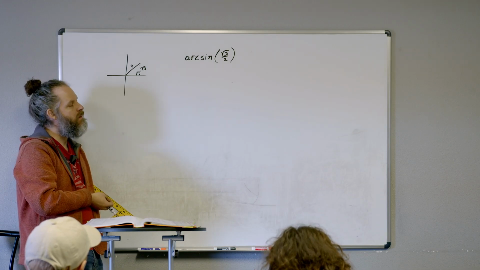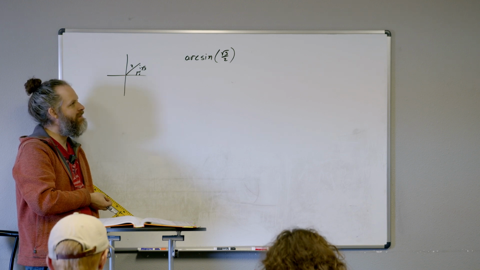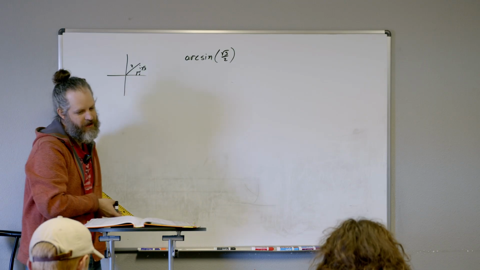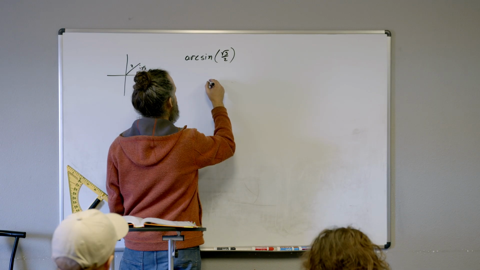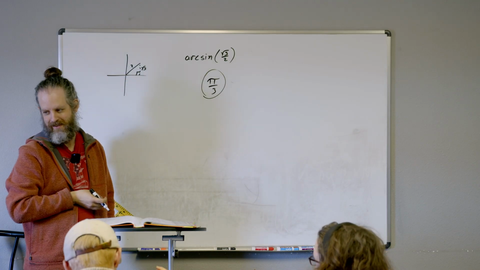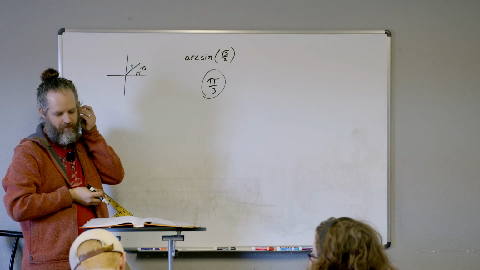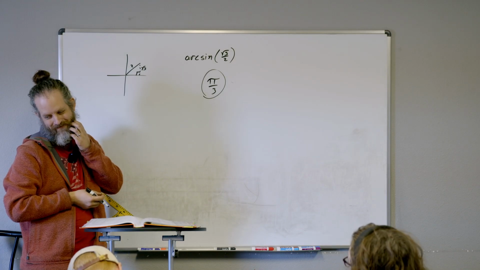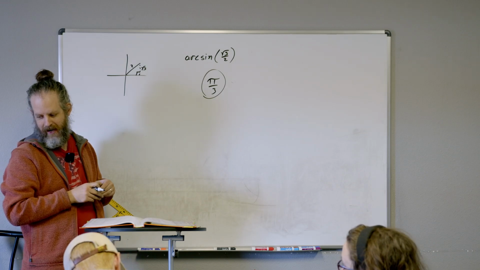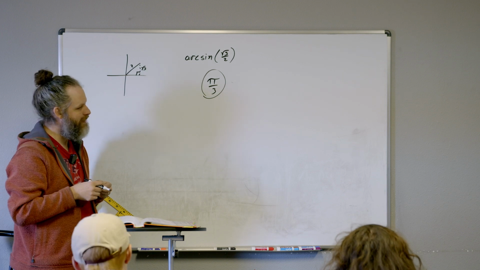From the chart. It's 60 degrees, or pi over 3. So the answer is pi over 3. It's radians, yes. So would it be helpful to know those? Yes. Write the chart with the radians or with the degrees? My answer would be yes. So both. I would get in the habit of doing both.